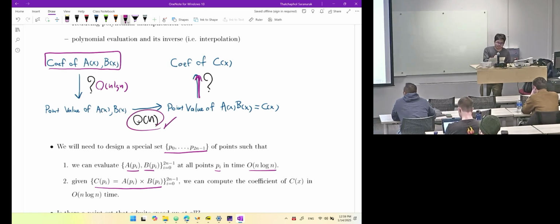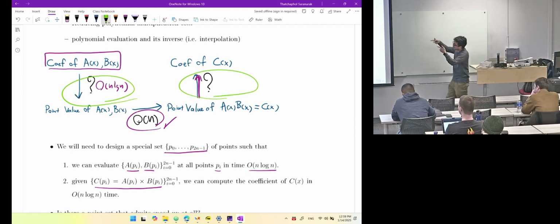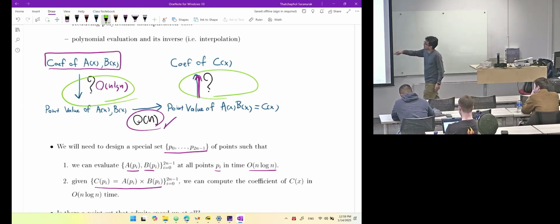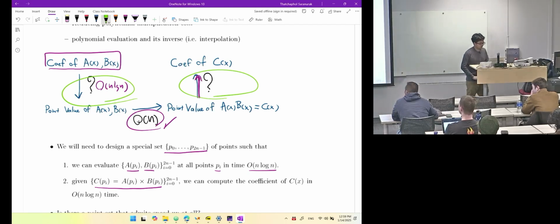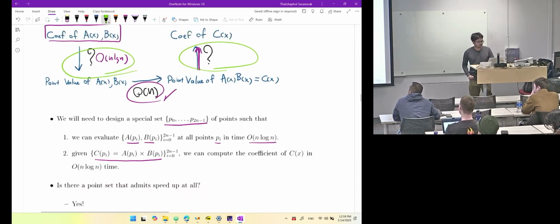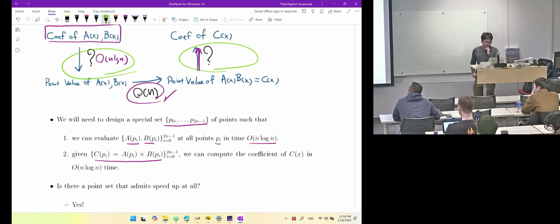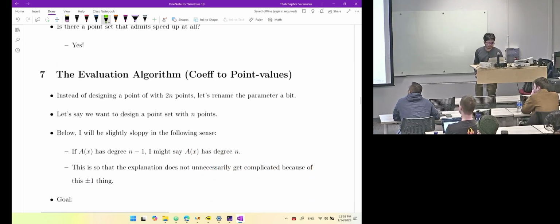We just need to do these two steps here. So the rest of the lecture is about how to do the first and the last steps. The middle one is easy. Okay, let's try to do this.